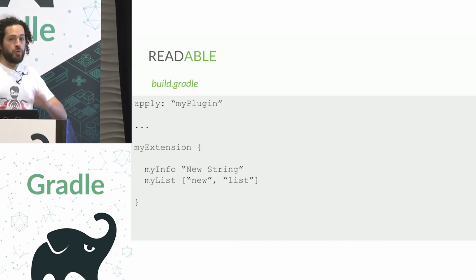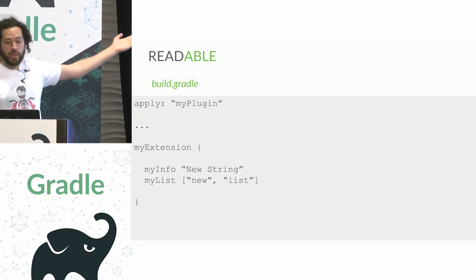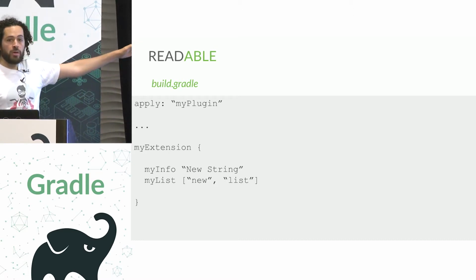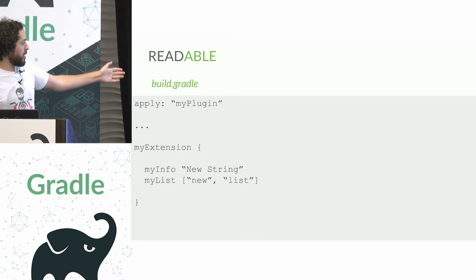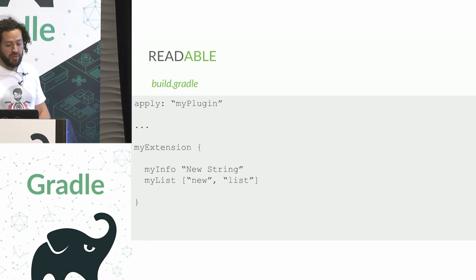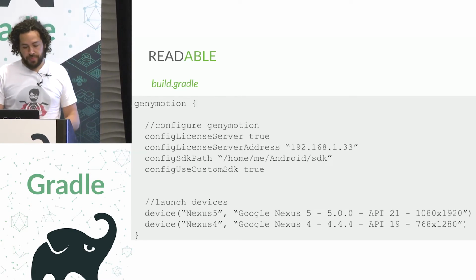And on the user side, what will be the result? People will apply your plugin, which is called my plugin in this case. My extension will be called, and you will have a block configuring your plugin. So they can change, for example, the property myInfo or myList. This is a very simple use case.